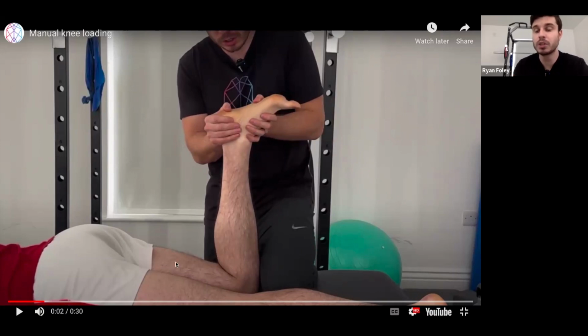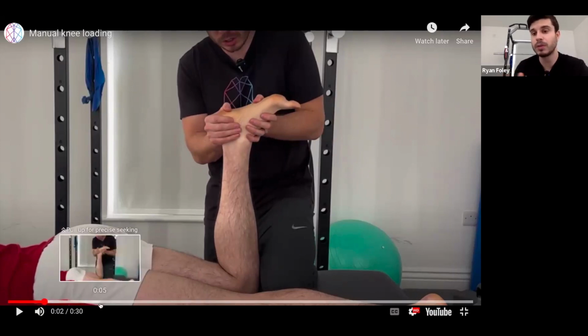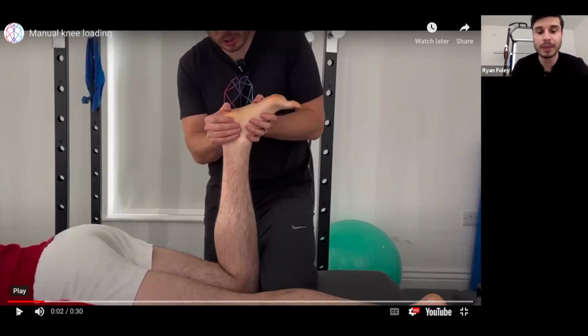The femur is positioned against the table, which allows you to constrain your focus and the movement to the tibia. Sometimes you'll see people doing tibial rotation, manual loading strategies in supine, but you'll see the femur flopping left and right. So it's very difficult then to constrain that motion at the tibia.